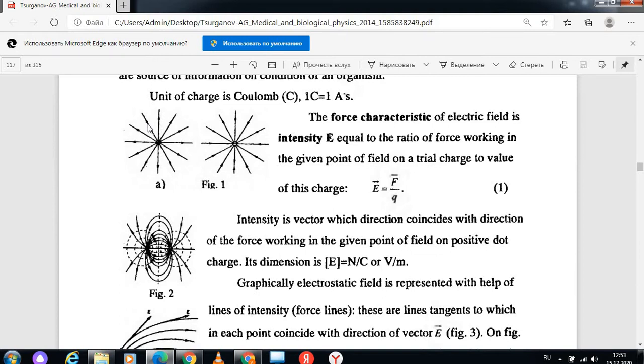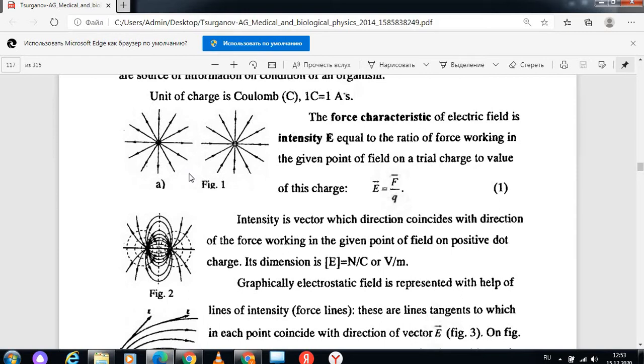Its dimension is Newton per coulomb, or historically named, volt per meter.